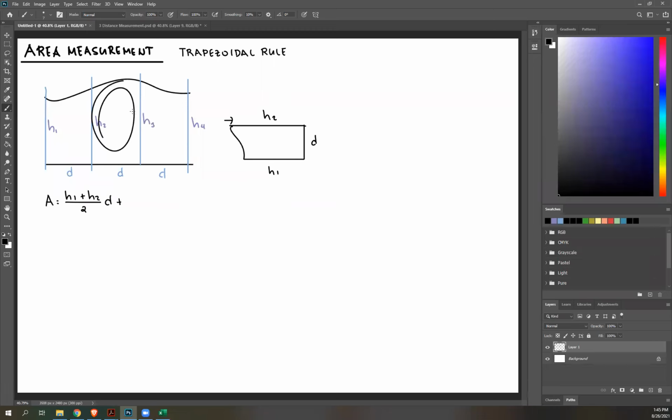So plus, now considering this area, that would be H2, base 1 plus base 2, over 2 times height D. And then lastly, H3 plus H4 over 2 times D. Can anybody tell me the common factor of all of these equations?